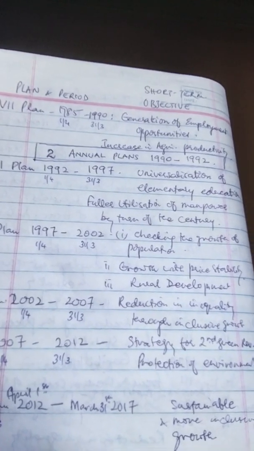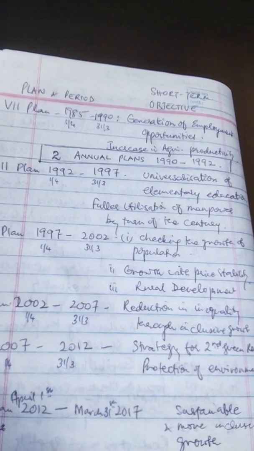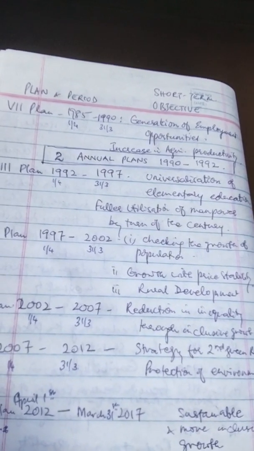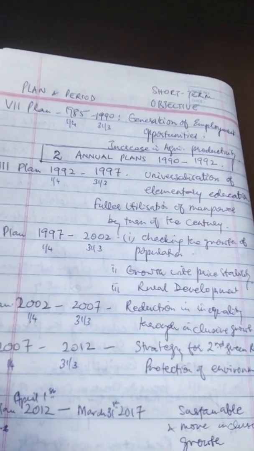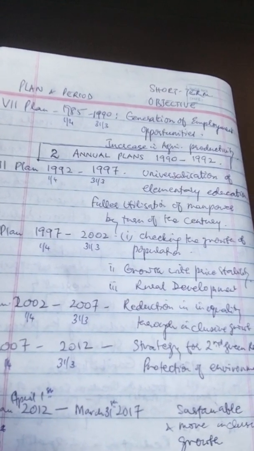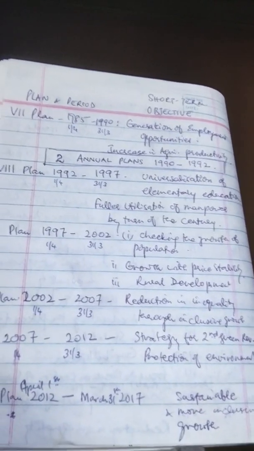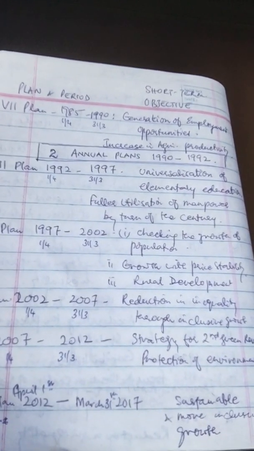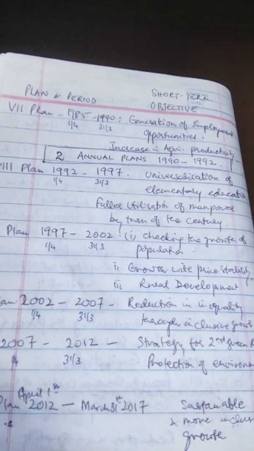The 10th plan was talking about inclusive growth and better health and educational facilities, focusing on improving the quality of life through better health and education.